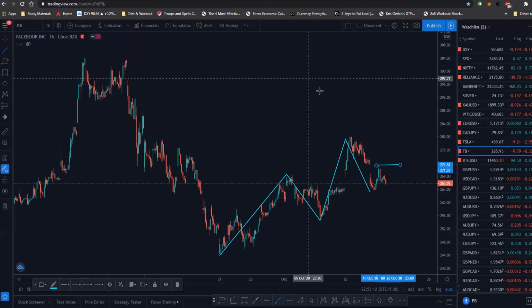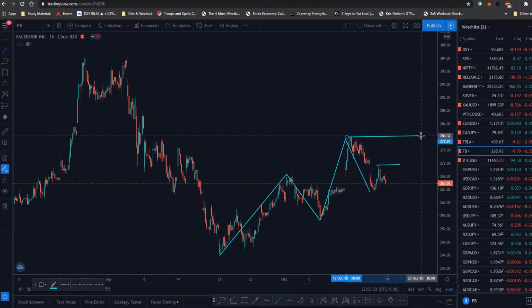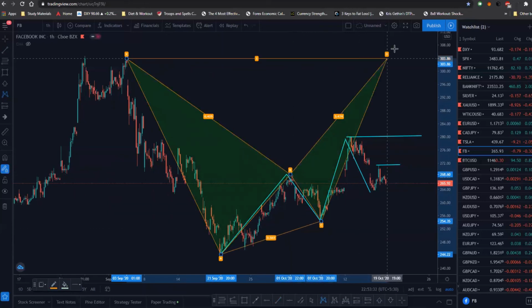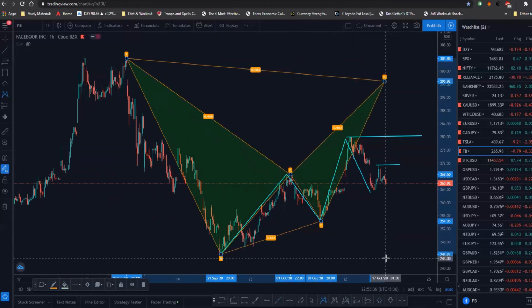So let's see. So yeah, like I was saying, Facebook, if we have a break and close above this one, then I'm expecting it to, first target can be this, because that's a nearby structure level, okay? And after that, we can go for that 296 level.